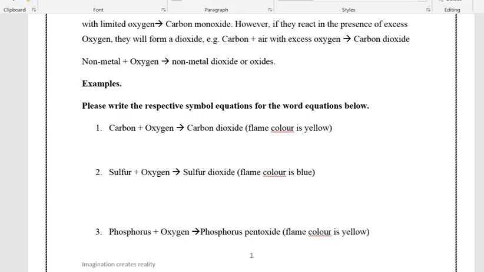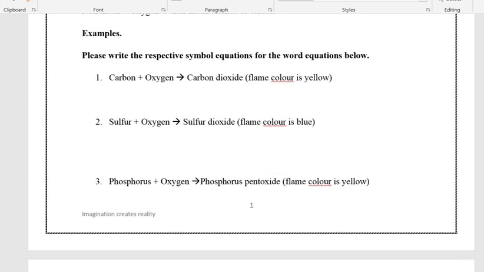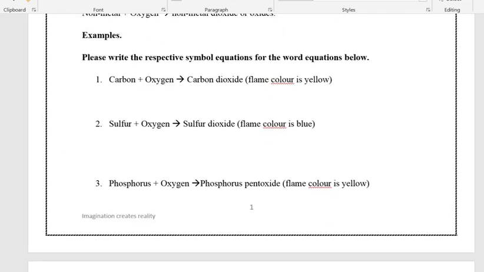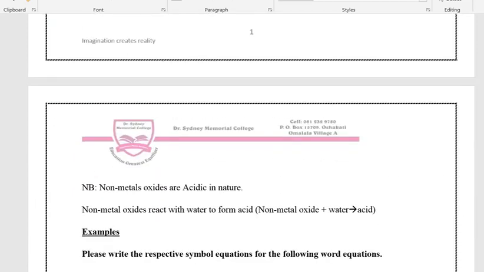So we now know that nonmetals react with oxygen to form their respective acidic oxides, whereas metals form their respective basic oxides.